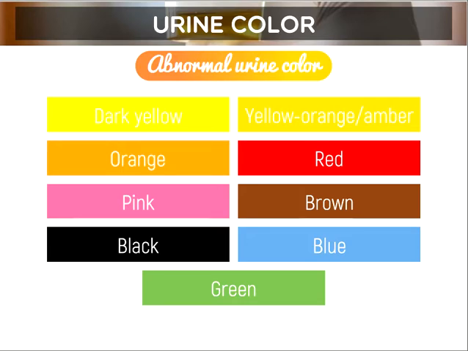But this color of our urine is inversely proportional to its volume. So the larger the volume of your urine, the lighter the color, and of course the smaller the volume of your urine, the darker the color.